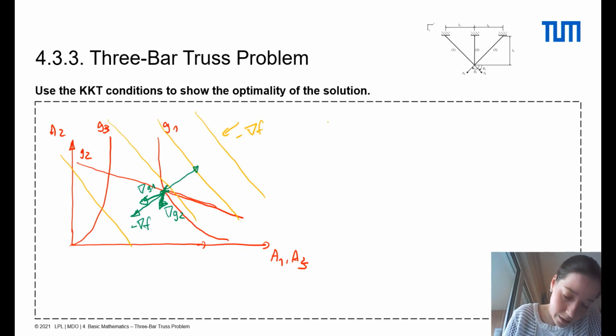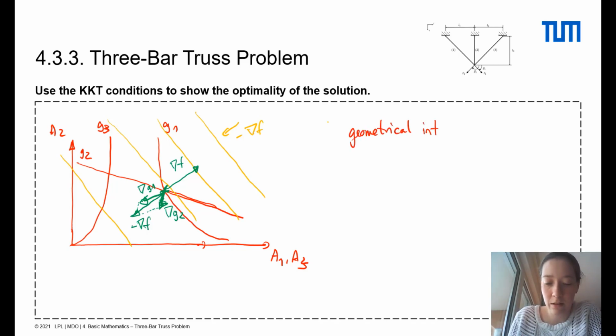So the gradient f shows in the other direction, and that's the geometrical interpretation, or basically sketch. And therefore we've shown that A1 star, A2 star is actually also an optimum since the sufficient conditions are satisfied.